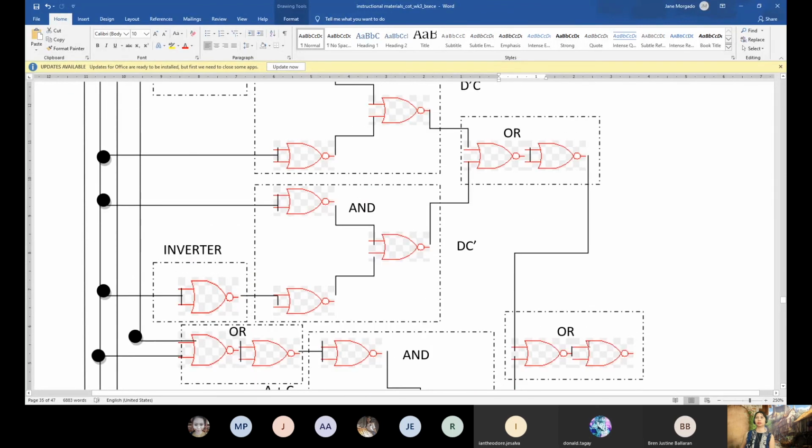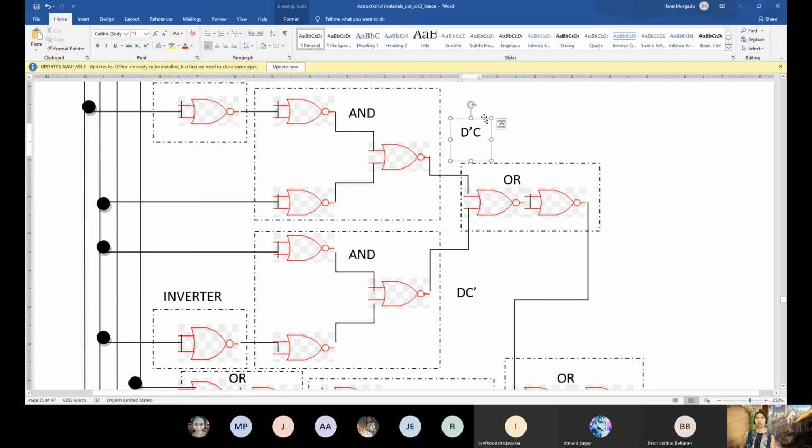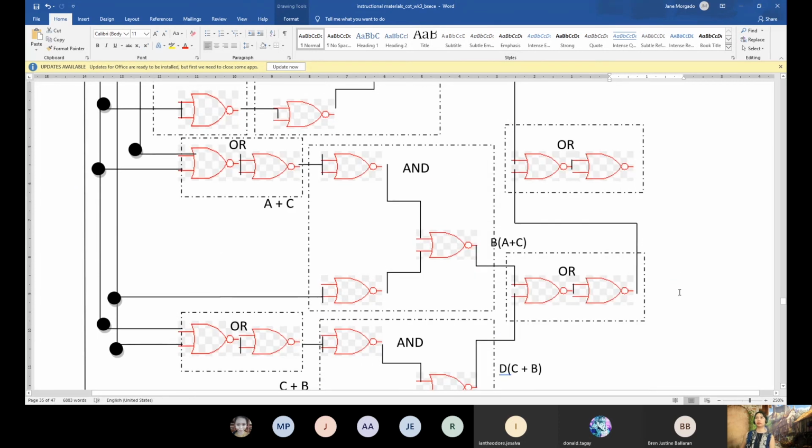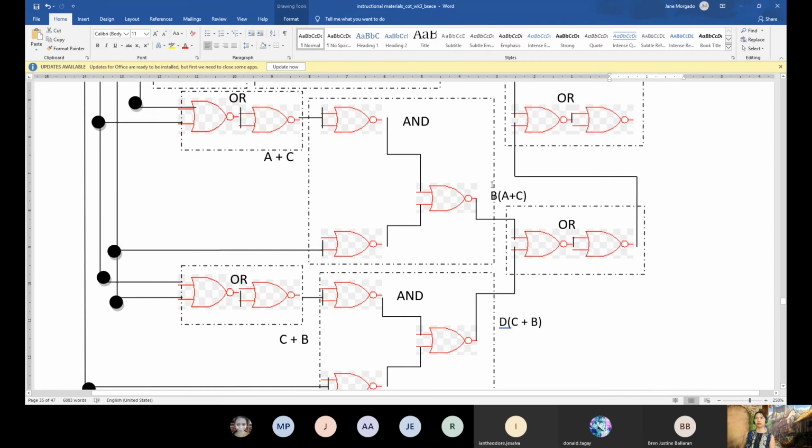After the OR, this is equal to D prime C plus DC prime. And then we have this OR.